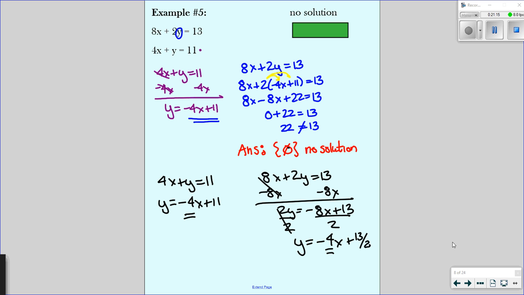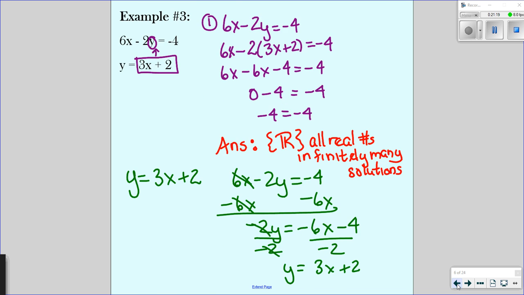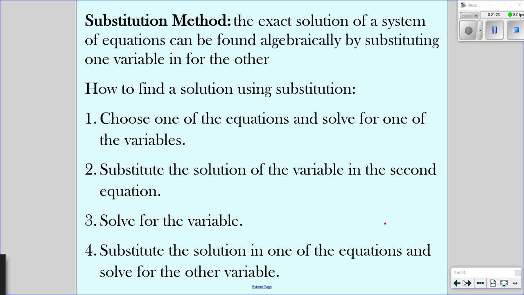All right, so I think that was the last one. So we're just going to recap what we just learned. We learned about solving systems algebraically. One of the methods that we've learned was the substitution method. Basically, it is taking one of the equations and substituting it into the other one to solve for one of the variables.